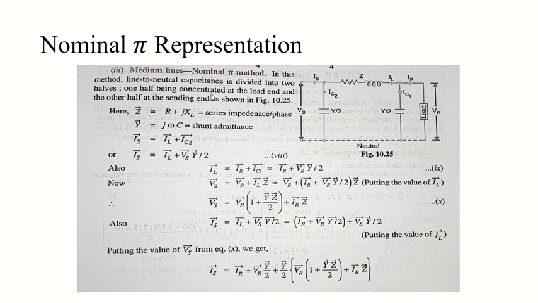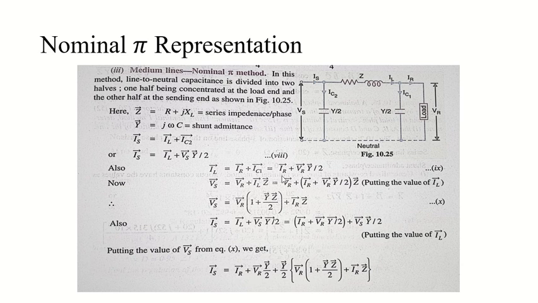Same way we can also apply Kirchhoff's current law here as well. What will we get? See here, IL is going in, IR and IC are coming out, which means IL will be equal to IR plus IC1.